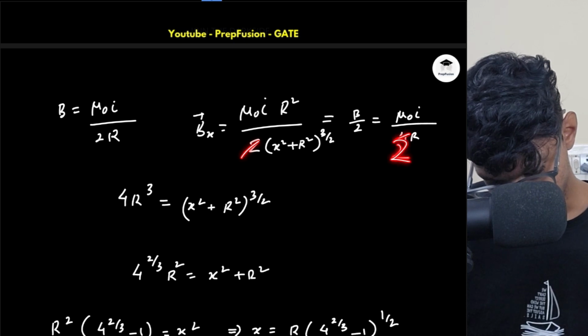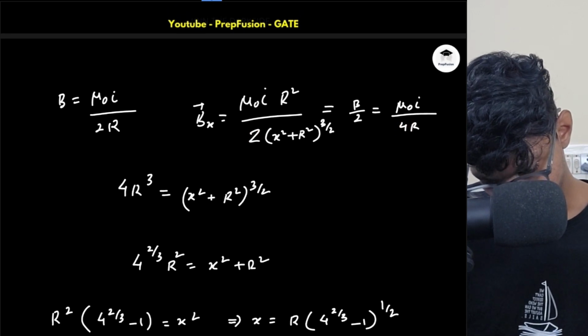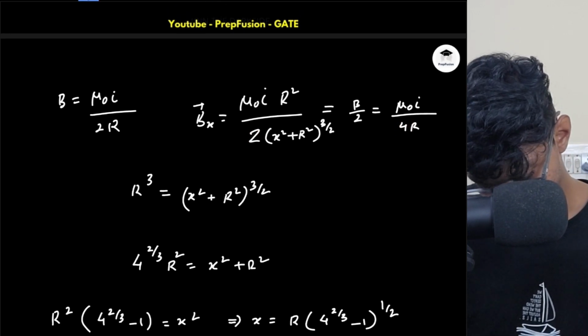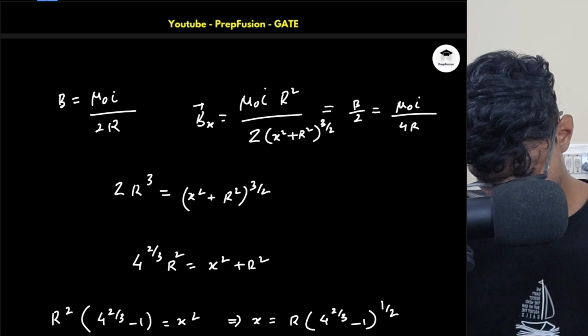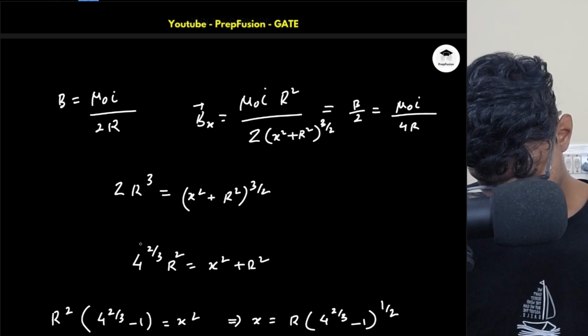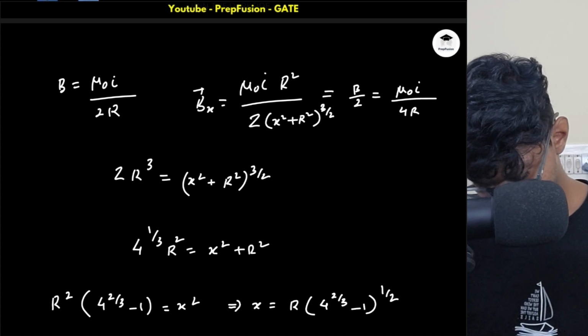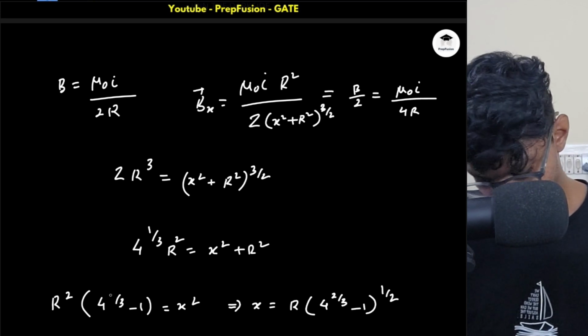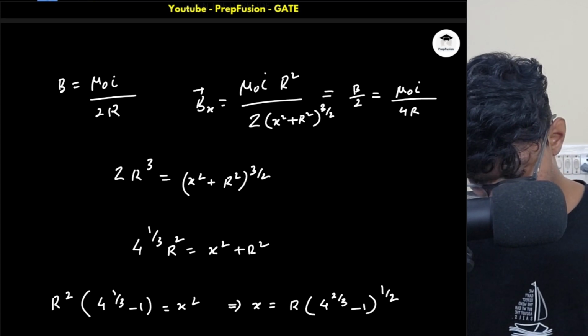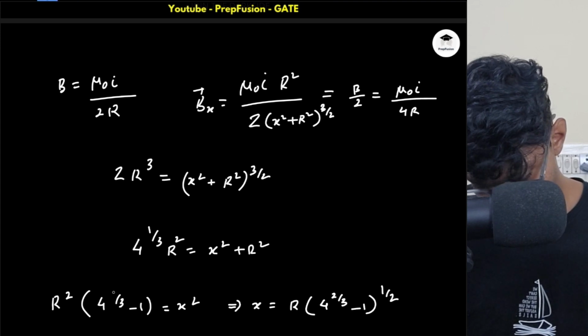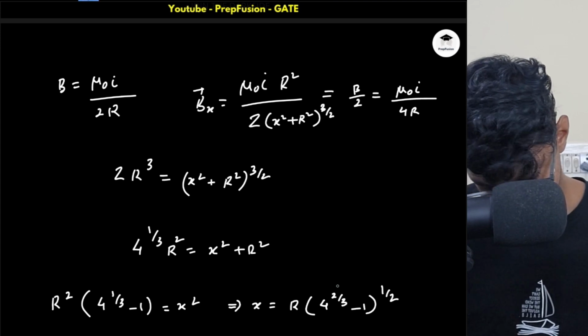This should be only 2. Sorry, I missed the point. I cancelled the 2, so this should be only 2. So I will just square this, then take the square root. So this will be 2 raised to power 2 by 3. I hope you understand the calculations. The calculation part I won't explain much.